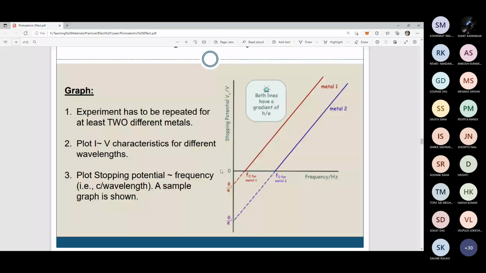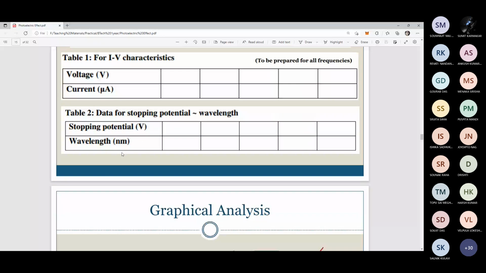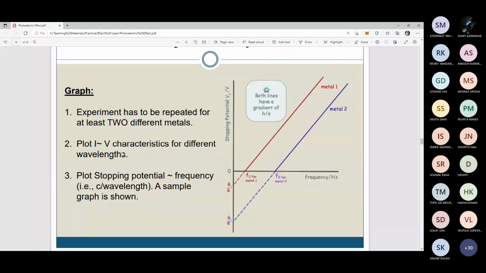Now you have to plot frequency and stopping potential. If you know the wavelength, then from that wavelength you can calculate the frequency, that you know. So this is frequency and this is stopping potential.